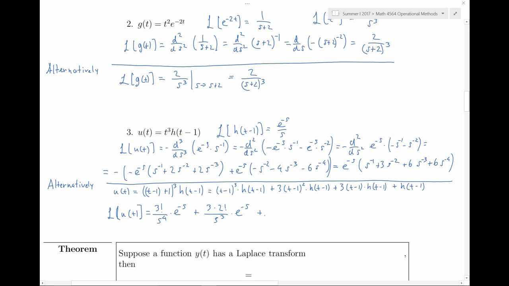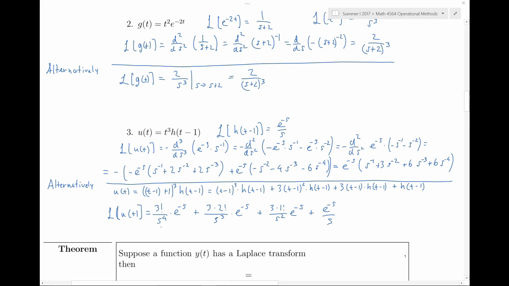The Laplace transform of t is 1 factorial over s squared, and again it is shifted, so it gets the factor e to the minus s. And the last is just the Laplace transform of h of t minus 1, which is e to the minus s over s. As you can see, this expression matches the expression we obtained previously perfectly.